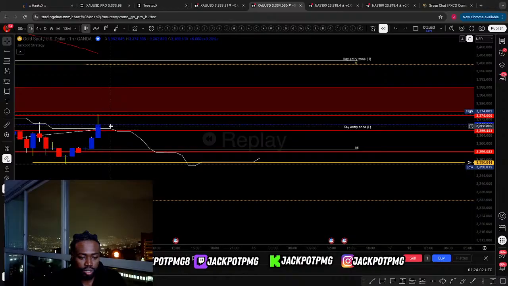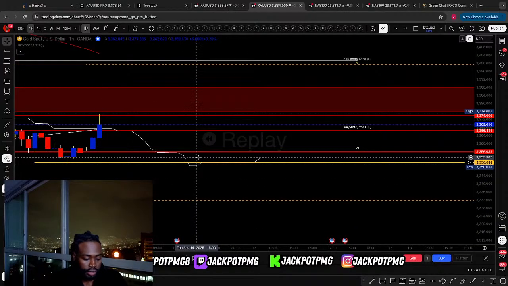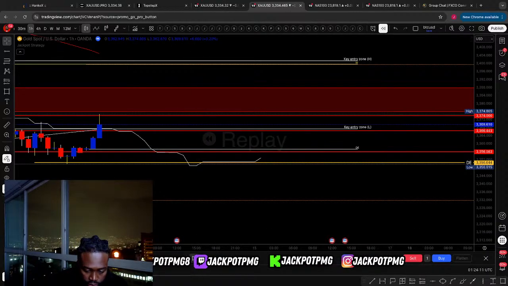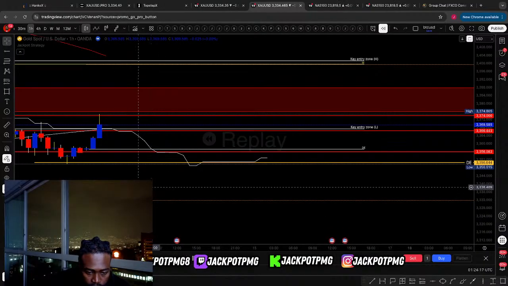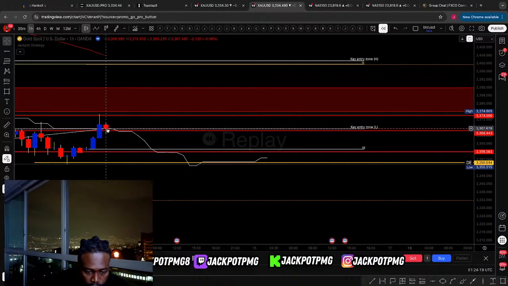Boom, price go up. Cannot break that zone, cannot break that area. Completely reverse. There it is. New hour, boom. So new hour did not even reach that entry again.